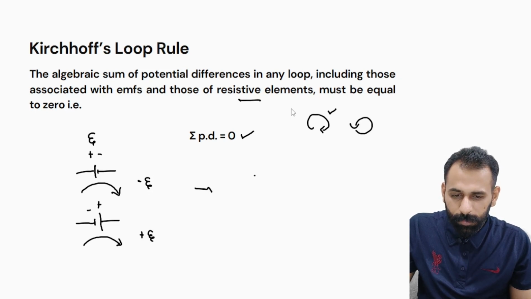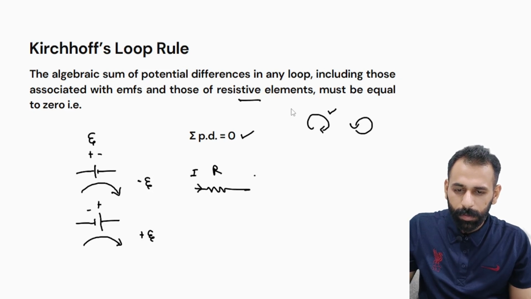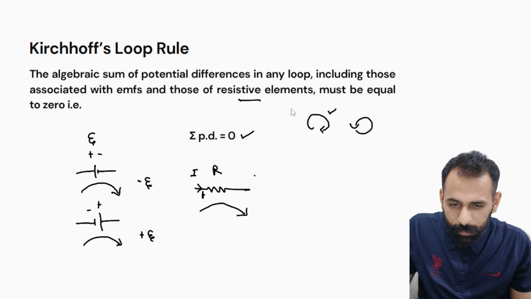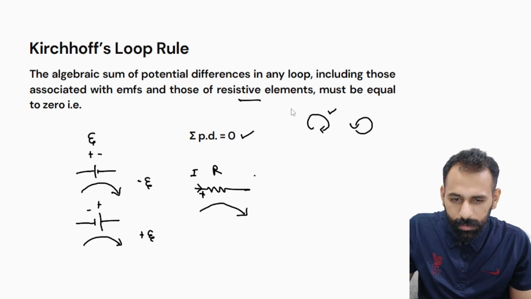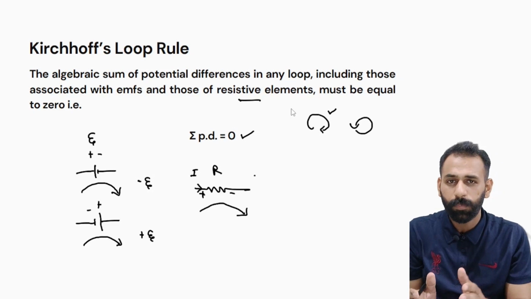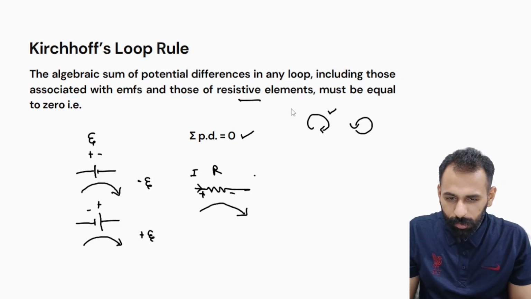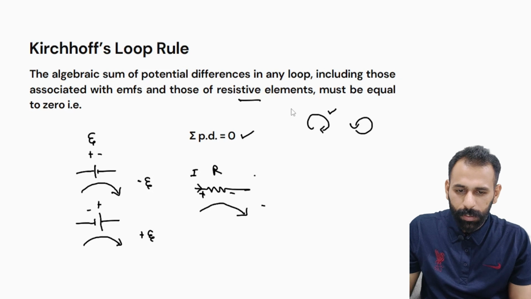Similarly, corresponding to the resistive elements, like this one having resistance R, say the current is toward this side and the loop is again clockwise. I write plus here and minus here, because current flows from higher potential to lower potential. Again it is going from positive to negative, so it will be taken as minus IR in the circuit.